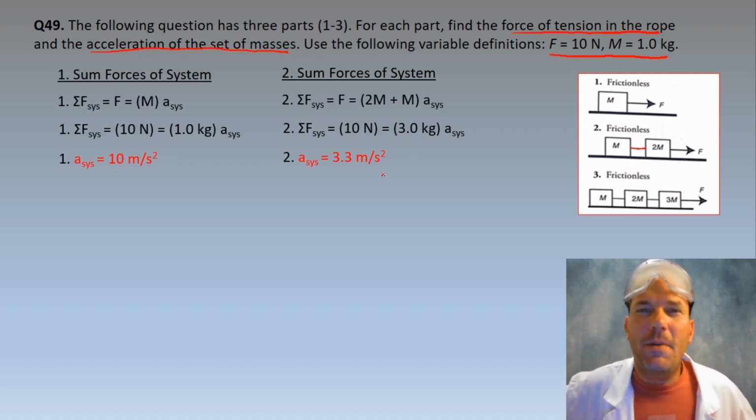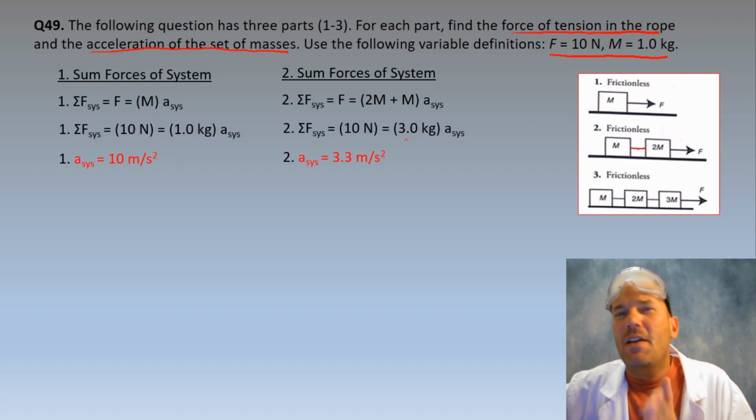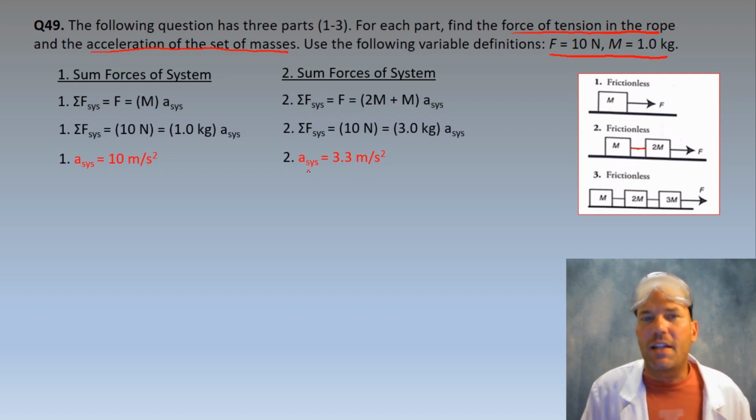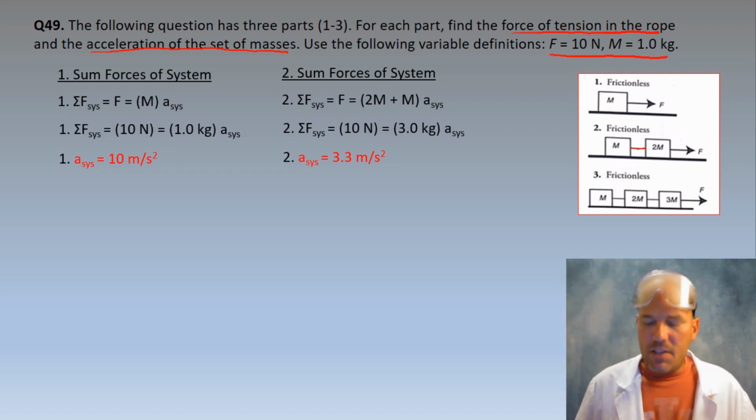We're not going to make up any fictitious forces, so that one force is equal to the mass of the system, which is equal to 3 kilograms. Therefore, the acceleration of the system, which is composed of 2 objects, to the right is 3.3 meters per second per second.